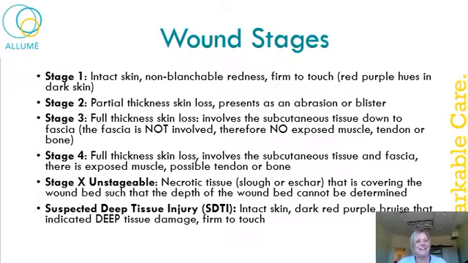Then there's an SDTI, suspected deep tissue injury: intact skin, dark red or purple bruise that indicates deep tissue damage, firm to touch. Not a nice thing. We want to prevent that from happening.